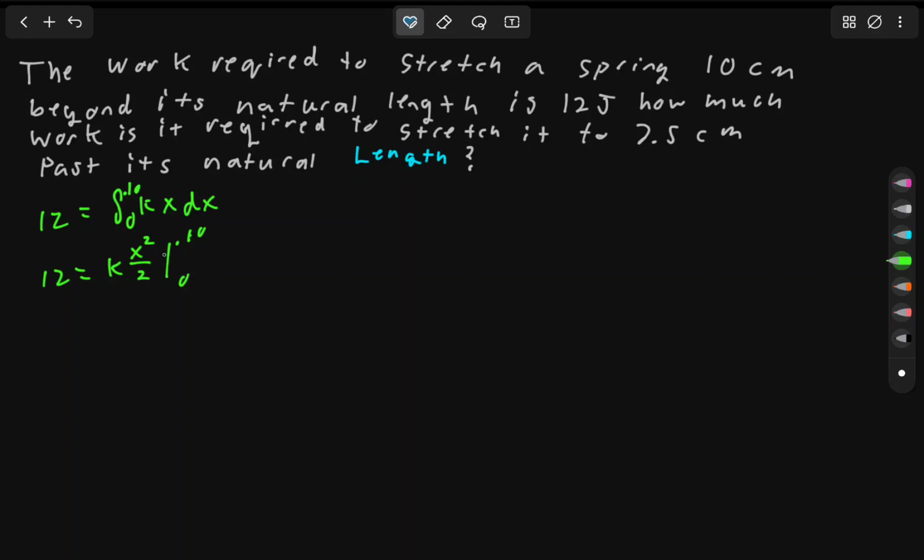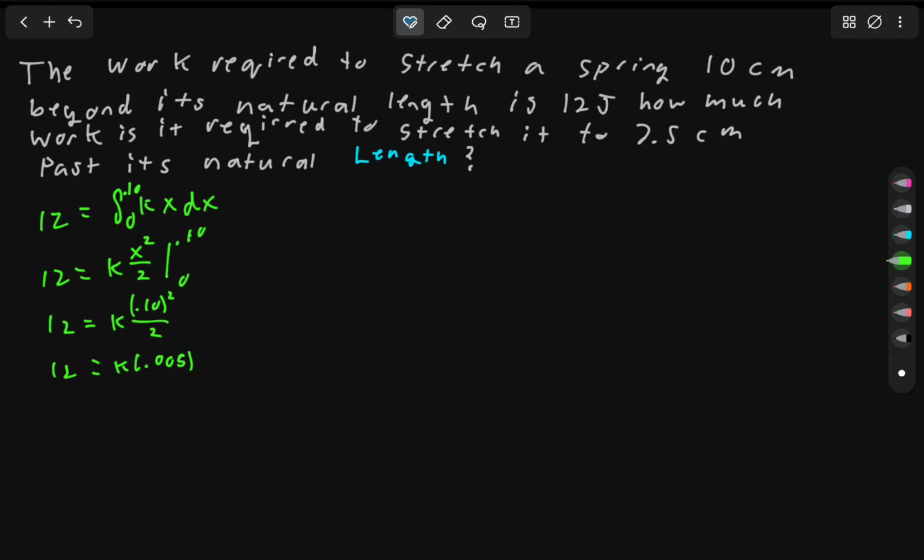Well, evaluating at 0 is not going to give us anything. So we're going to get 12 is equal to k times 0.10 squared divided by 2. So 12 is equal to k times 0.005.